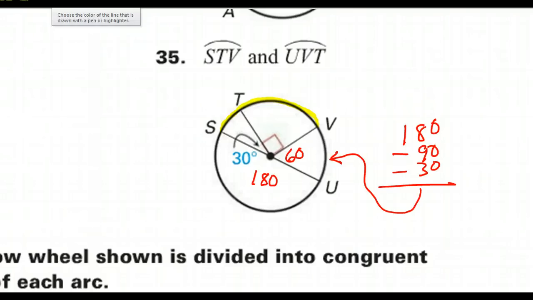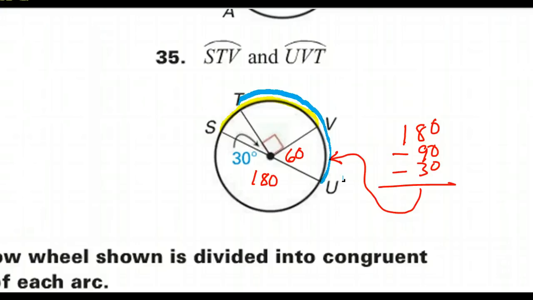Arc UVT is this arc right here, from U to V to T. The yellow arc and the blue arc, we're being asked if those are the same.